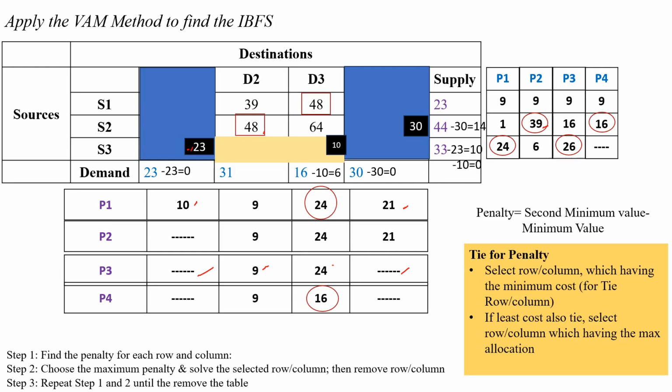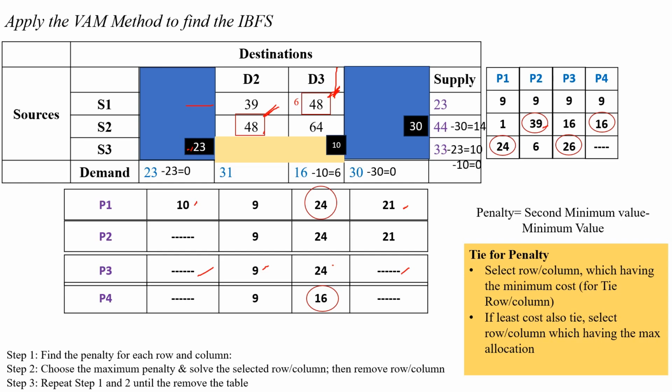For the D3 column and S1 row cell, you have to observe the allocation values in these two cells. First we have to check the allocation for the S1 row as well as the D3 column. So here observe the supply as well as the demand. The minimum is the demand, that is 6.